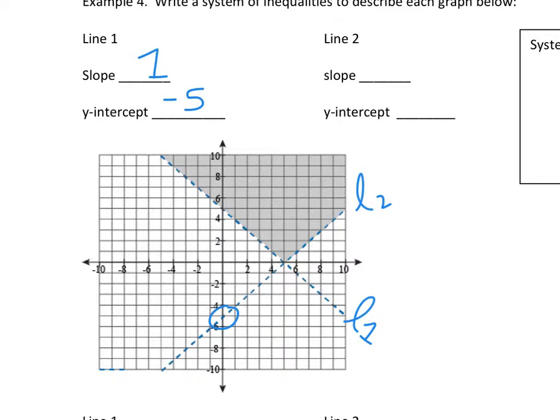Oops, I did the wrong one. I did line 2, so I'll just switch these. This will be line 1, this will be line 2. Now let's look at line 2. The slope is going down 1, right 1, down 1, right 1. So the slope is negative 1 and the y-intercept is 5.